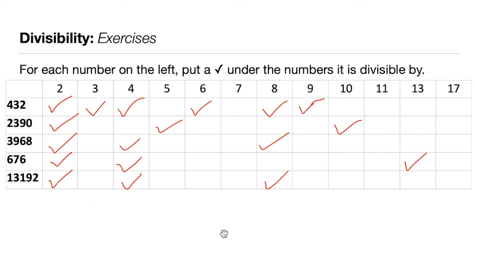Is it divisible by 13? So 9 times the last digit, so we have 18. That's 9 times 2. Subtract that from the remaining numbers, 1, 3, 1, 9. So clearly what we have is 1, 3, 0, 1. Multiply this by 9 and subtract that from the remaining numbers.